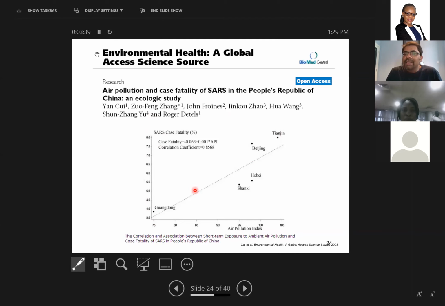And this was indeed confirmed to be true, that if you have a respiratory infection and on top of that you're breathing heavily polluted air, it can really increase case fatality. So here is a nice correlation study, an ecologic study. Now these are easy to do. All you need is group level measurements. What's the air quality for Beijing and what's the case fatality for that disease in a given population, and you can put this together very quickly.